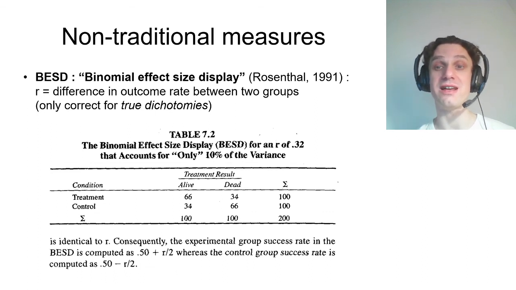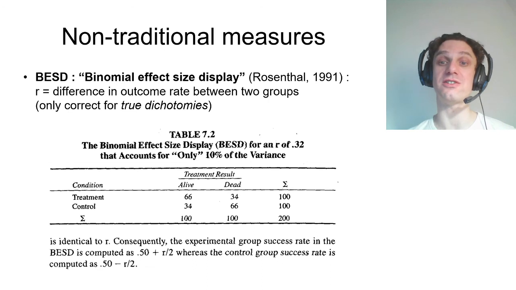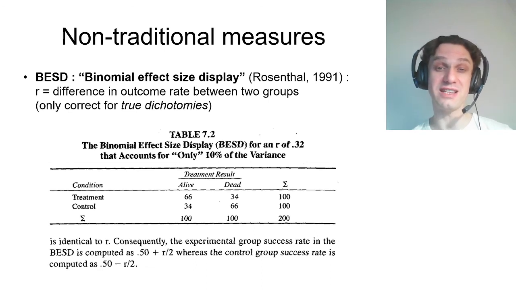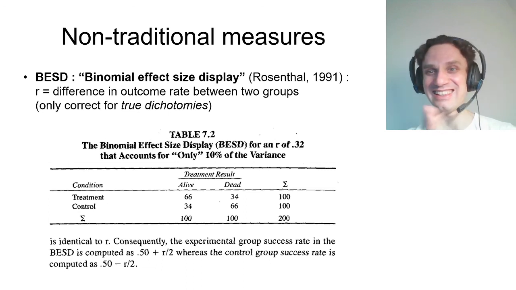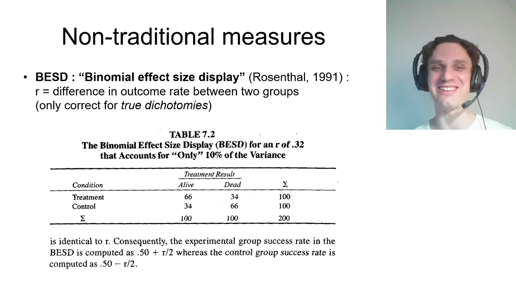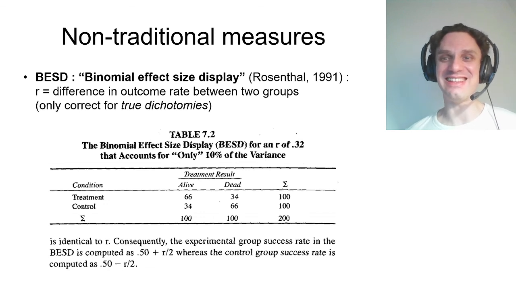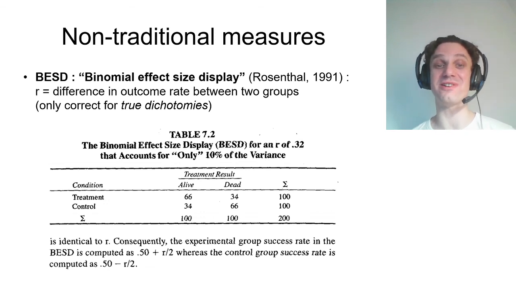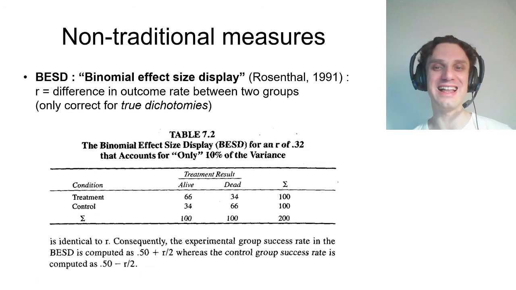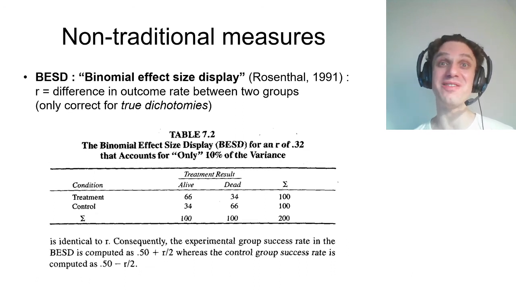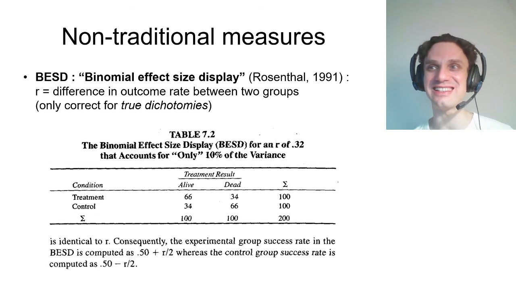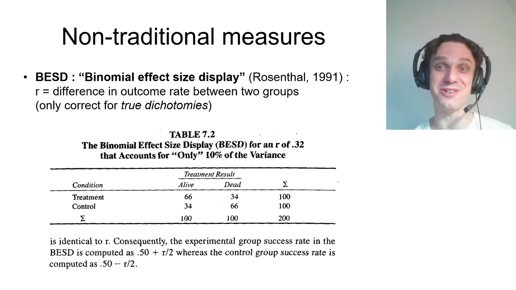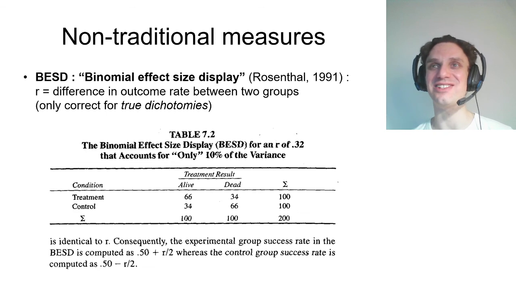So imagine that people are split equally into a group where they are treated and a group where they are not treated, and imagine that in the end half of them end up alive and half of them end up dead. Scary experiment, but it's just a thought experiment. So then this tetrachoric correlation of 0.32 will be equivalent to the difference in outcome rates of 0.66 versus 0.34 in the 2 groups.